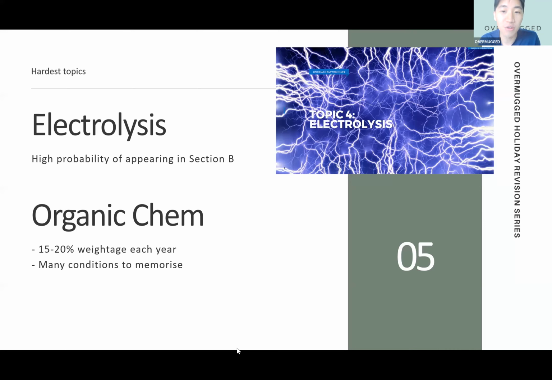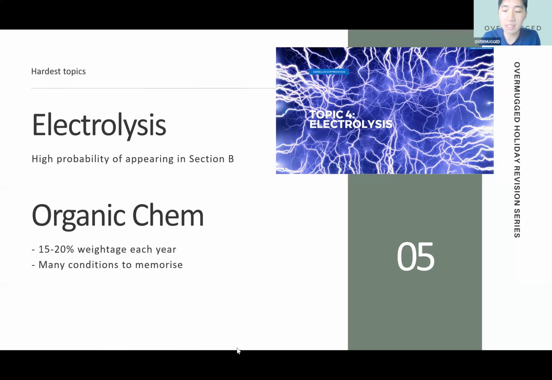For your year, the good news is that if electrolysis appears, you might be able to bypass it, because it's an either or question, you can opt for the organic chem question. But overall, if there's a chapter I always spend a lot of time with my own students working on, it is electrolysis because of how important it is in the exam.